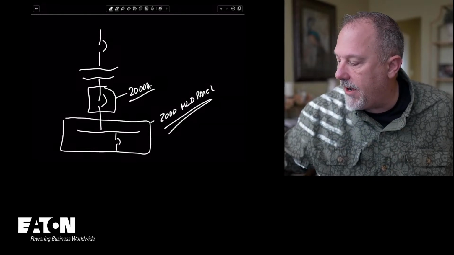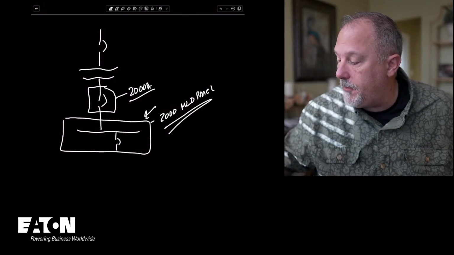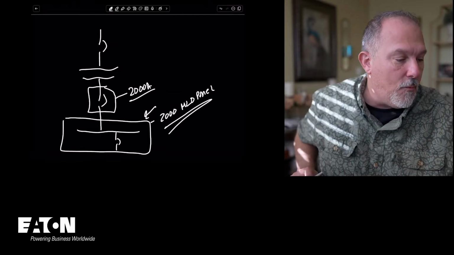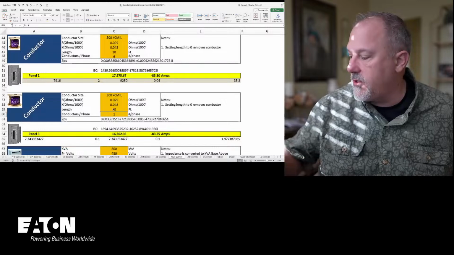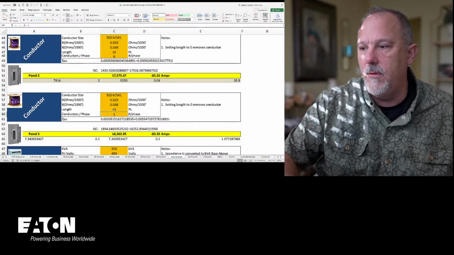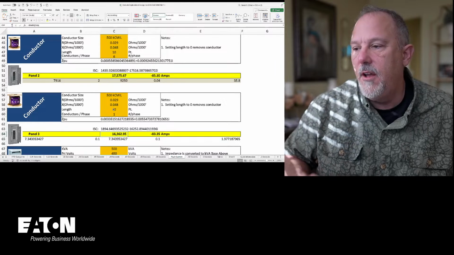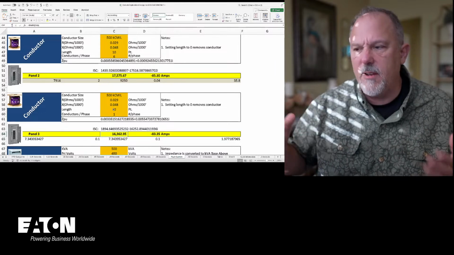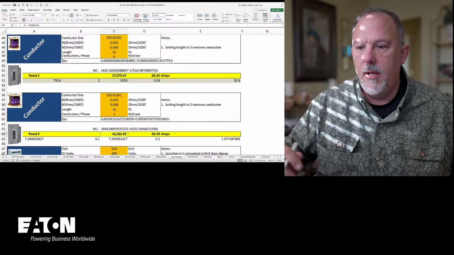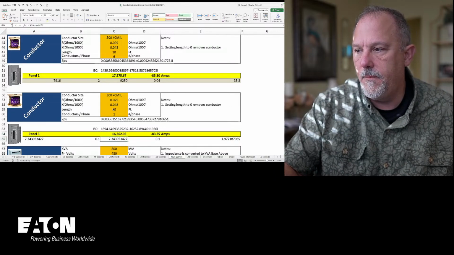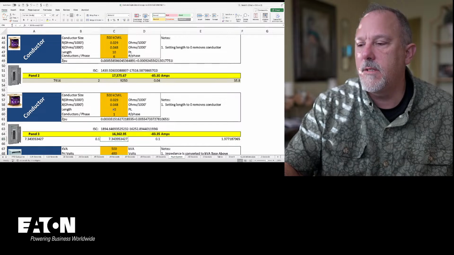Now I need to figure out the incident energy here based upon the clearing time of that 2000 amp breaker. What I know is that the fault current at that panel is 16,362 or 363 amps. My arcing currents, I got something screwed up here.